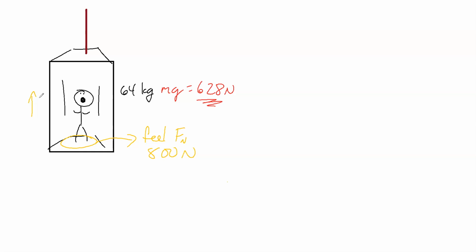So he's got that 800 newtons of normal force on his feet. Now, 628 of that is just to balance off the force of gravity. So the floor of the elevator has to push up with 628 just to balance off gravity. But it's not just pushing with 628.